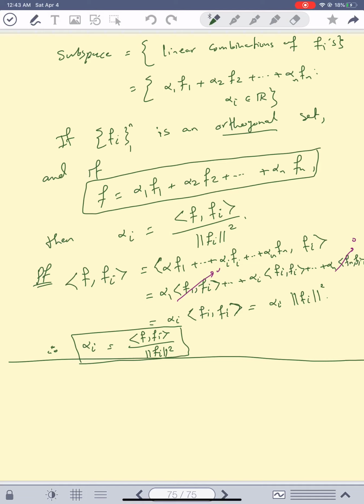Now the big result, that's beyond the level of this course, so it needs a lot of analysis to prove, but let me state it here.